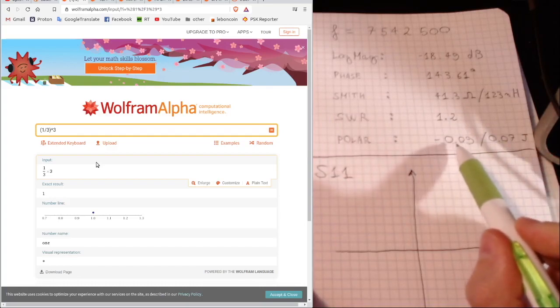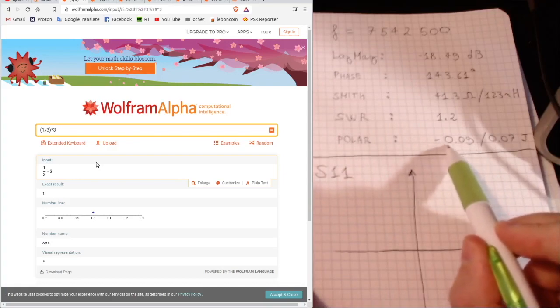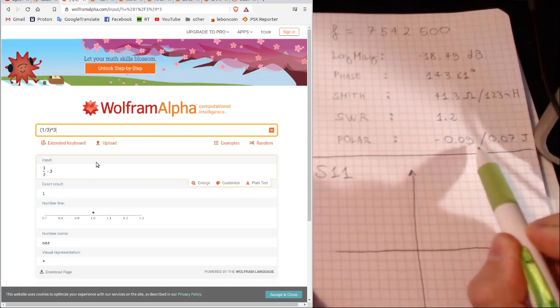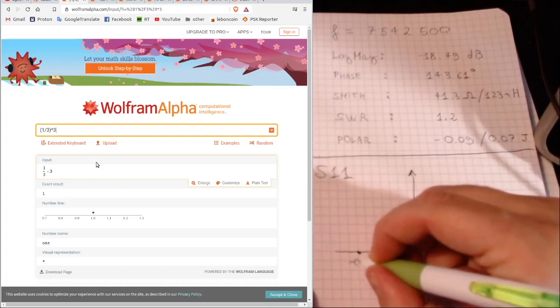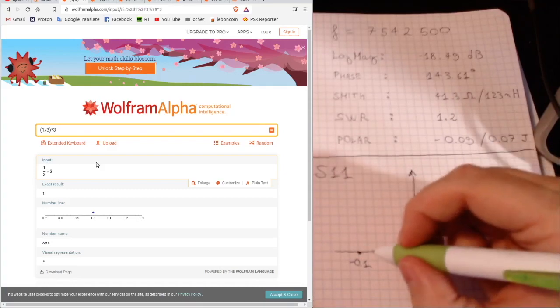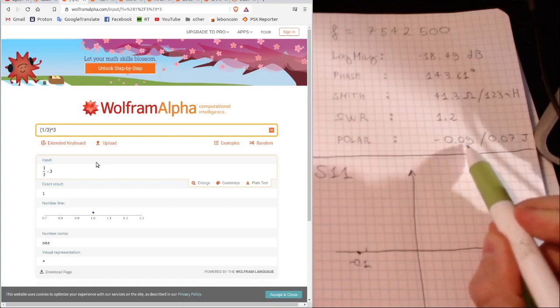It says that the point we are looking at, S11, is located at minus 0.09 on the x-axis. So if I, for example, place here minus 0.1, well, perhaps this is our minus 0.09, okay?